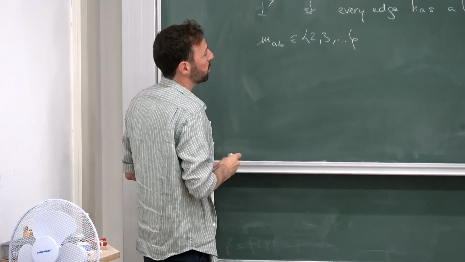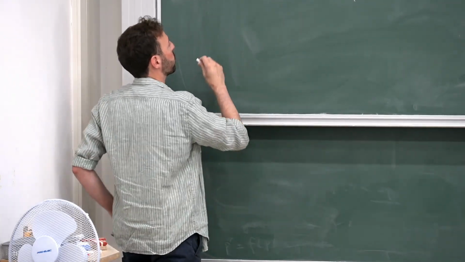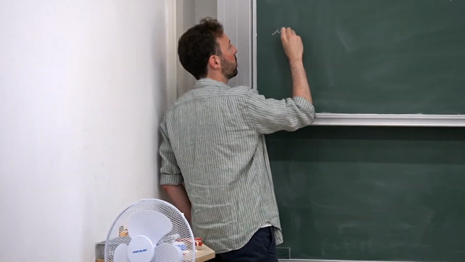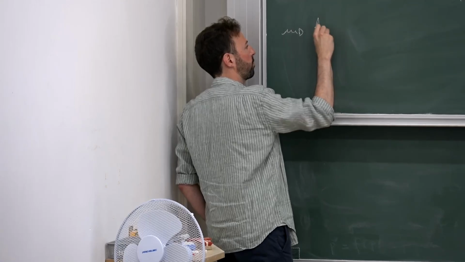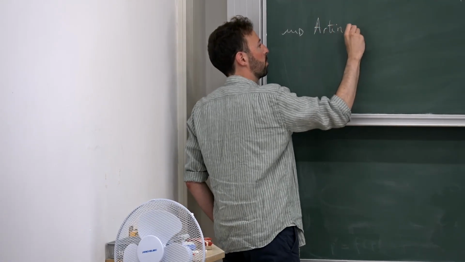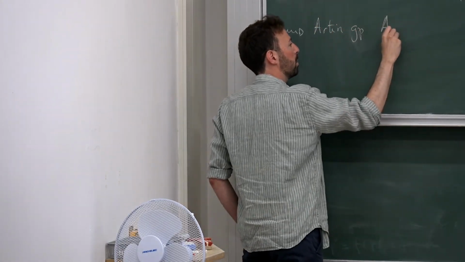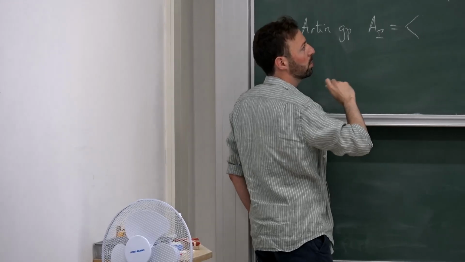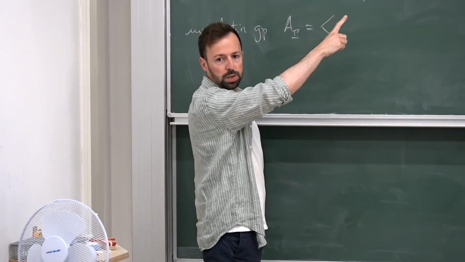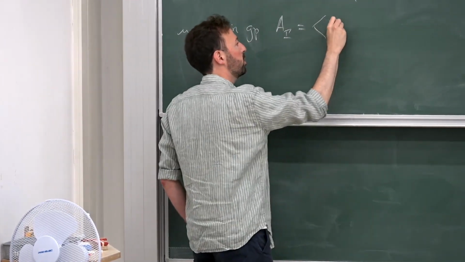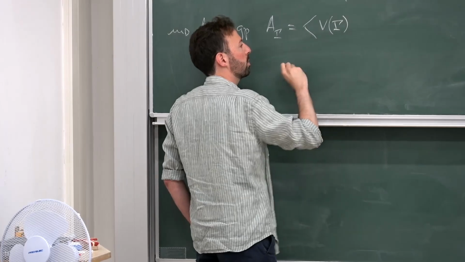And out of this data I can define some groups. So I can define the Artin group associated to gamma, A_gamma, which is given by the following presentation. So I'm going to put one generator for every vertex of the graph. So the generating set is the vertex set of gamma.